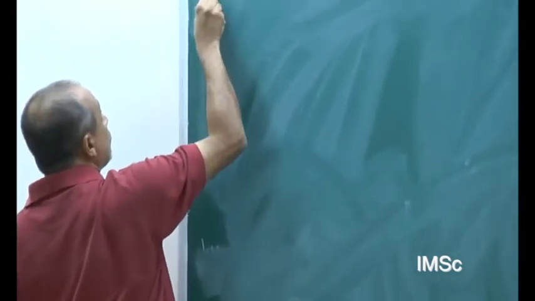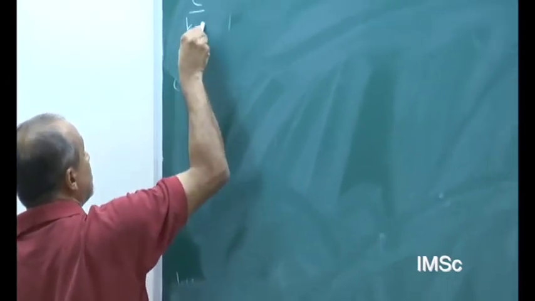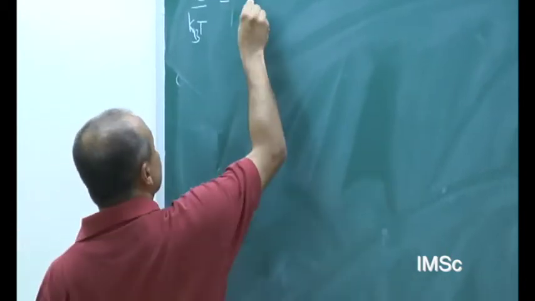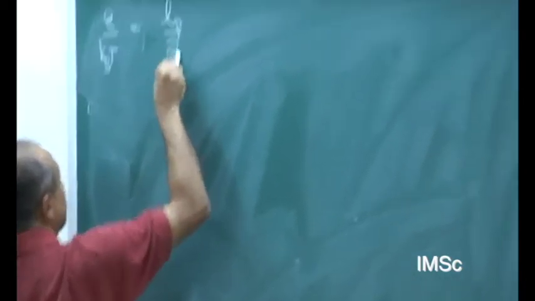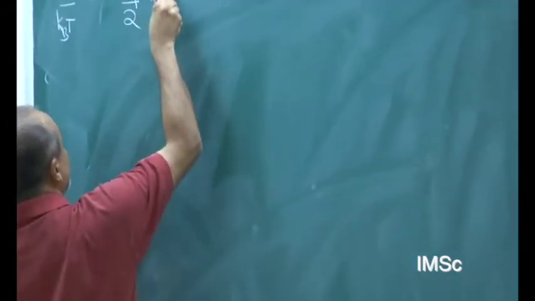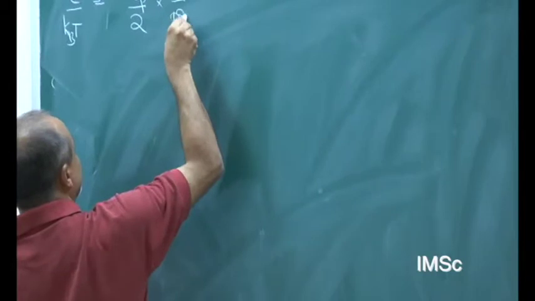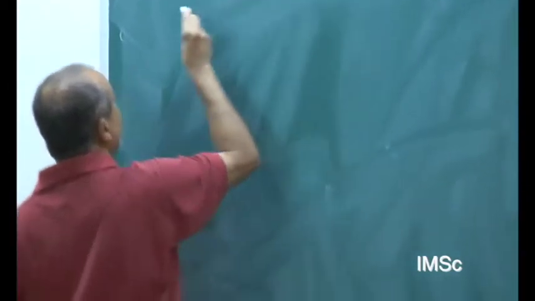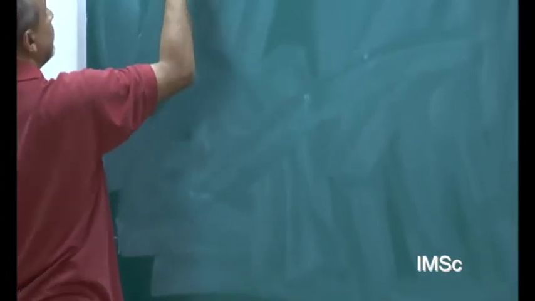The terms that I will have are E over kBT is just Lp divided by 2 into 1 over r squared into r into 2 pi, which is just pi.